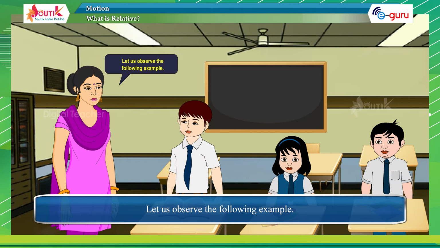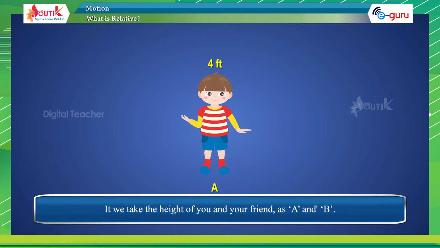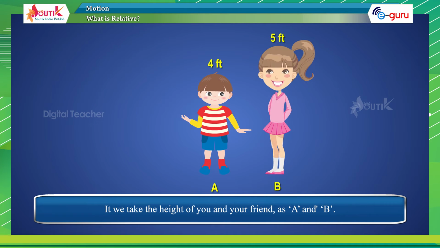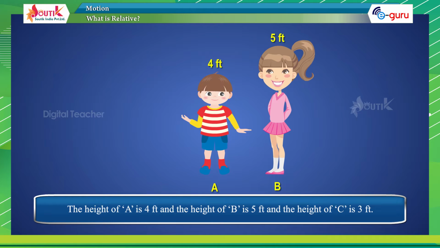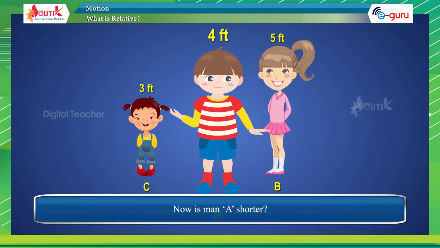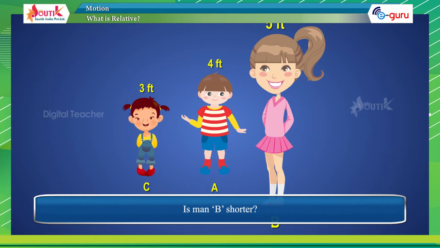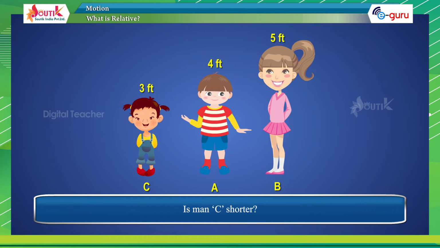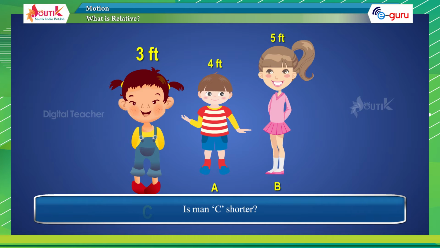Let us observe the following example. If we take the heights of you and your friends as A, B and C, the height of A is 4 feet, the height of B is 5 feet and the height of C is 3 feet. Now, is man A shorter? Is man B shorter? Or is man C shorter?